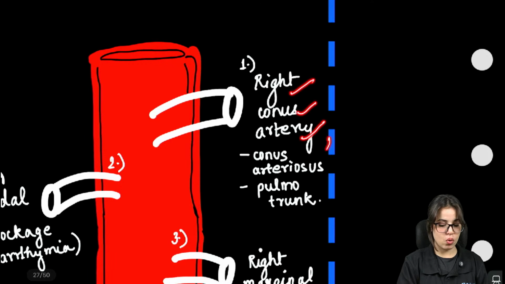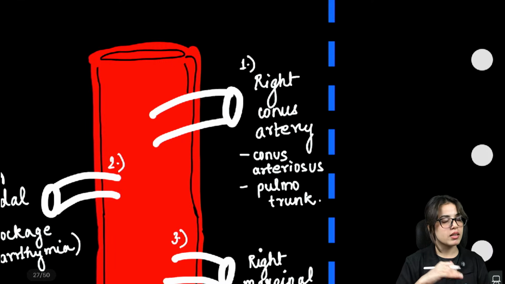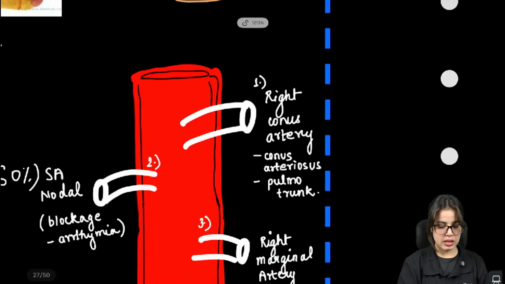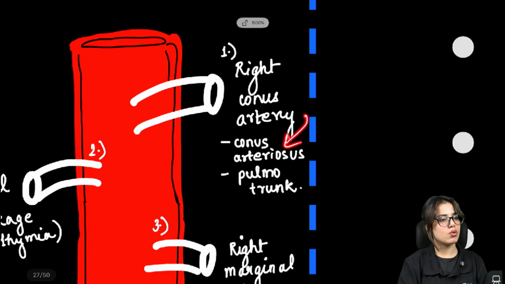It provides to the conus arteriosus. Let's actively recall what's conus arteriosus. It's the smooth area that provides the smooth blood flow from the right ventricle to the pulmonary trunk. So this right conus artery offshoots from the right coronary artery and provides the conus arteriosus and pulmonary trunk.